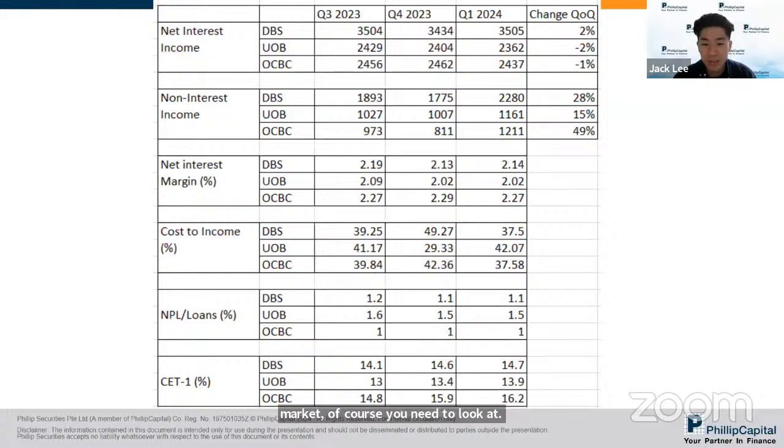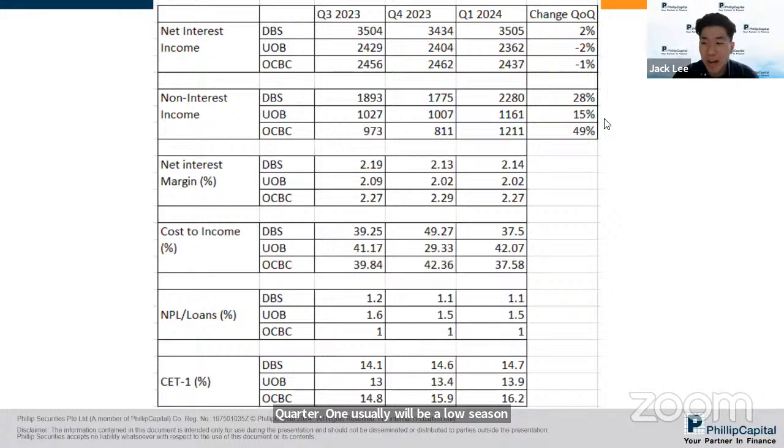But we also need to know their performance. Net interest income for DBS, UOB, OCBC is not that good because quarter three and quarter four already grew a lot. Now it's still not growing so much this quarter, which I think is reasonable because quarter one usually is a low season for the bank.